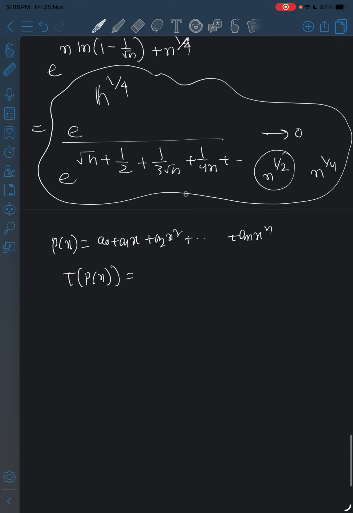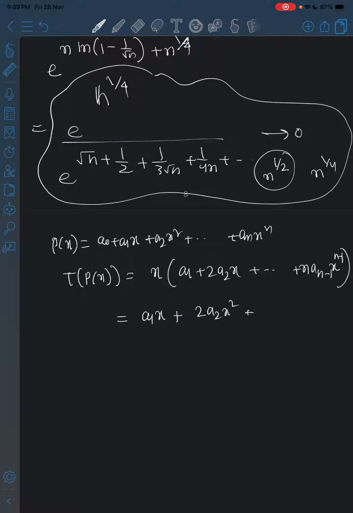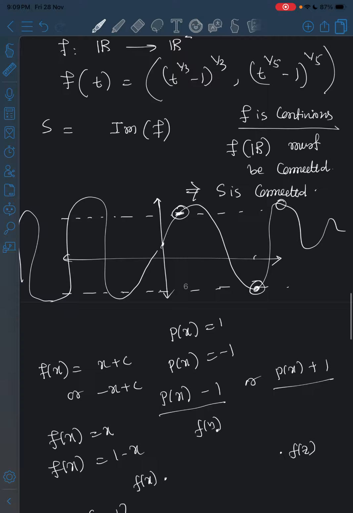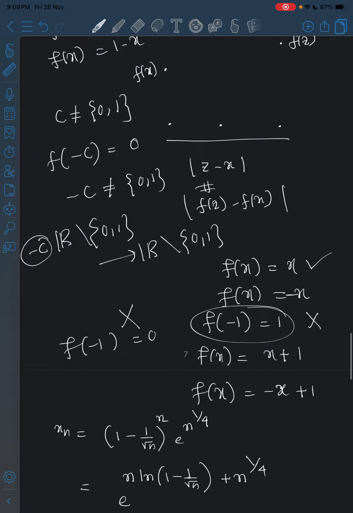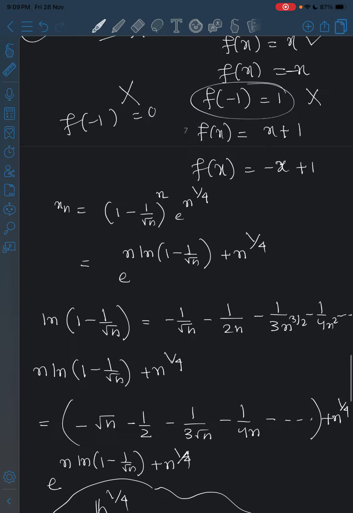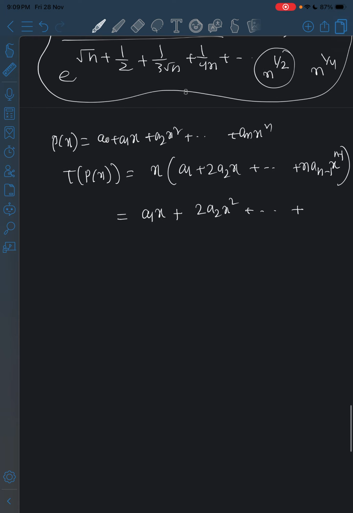T of p(x) is x times a1 plus 2a2x plus n a_n x to the n minus 1. No, first you have to multiply this, then you have to take the differentiation.